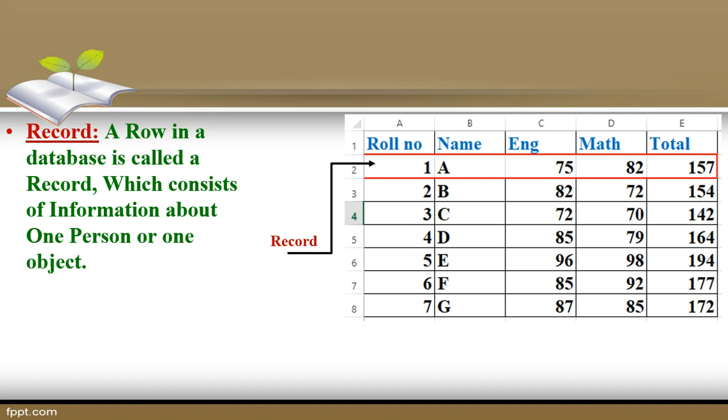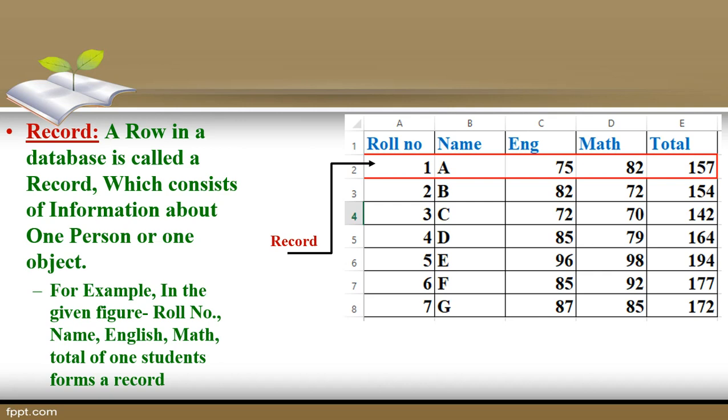Understood everyone? So the roll number is 1, his name is A, his English marks are 75, his maths marks are 82 and the grand total is 157. This whole row under the red line is called a record. Like this, in the given figure you can see the roll number, name, English, math and total of one student form a record, right?